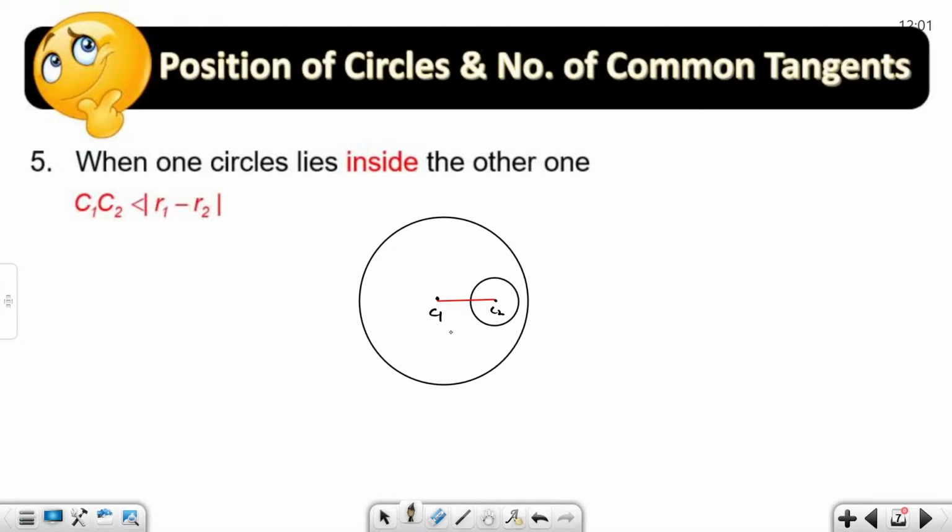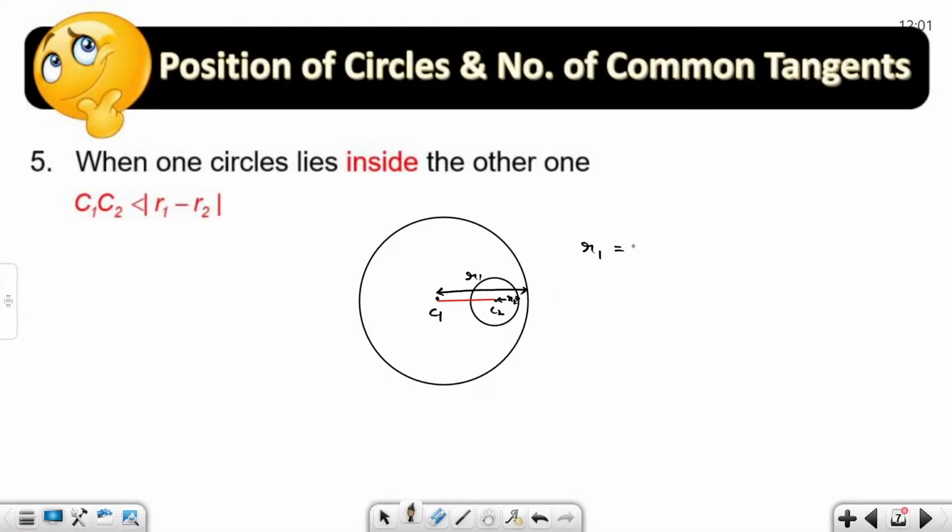Now, please see it carefully. This length, that is the radius of the first circle, is R1. The radius of the second circle is, let us say, R2. Is it clear? So what is your R1?